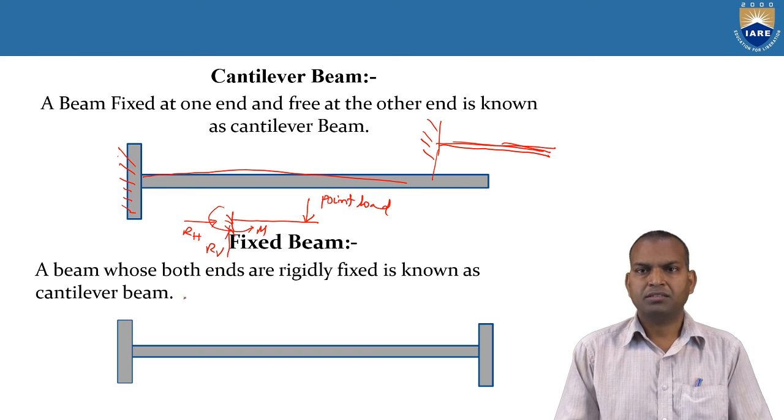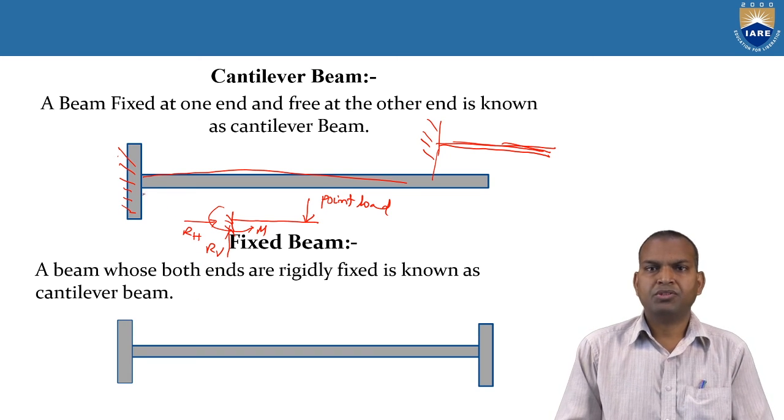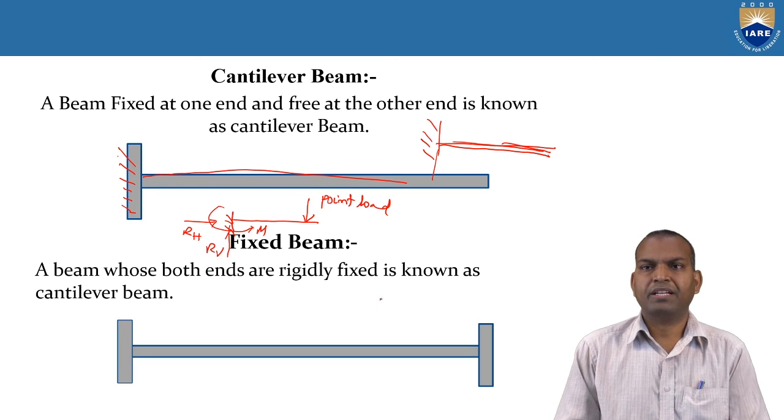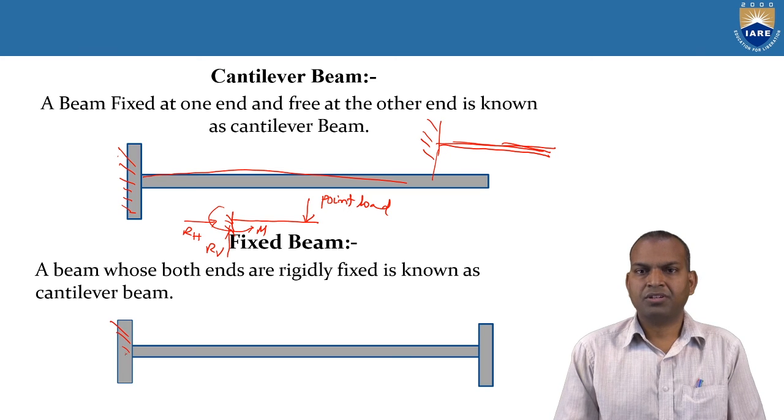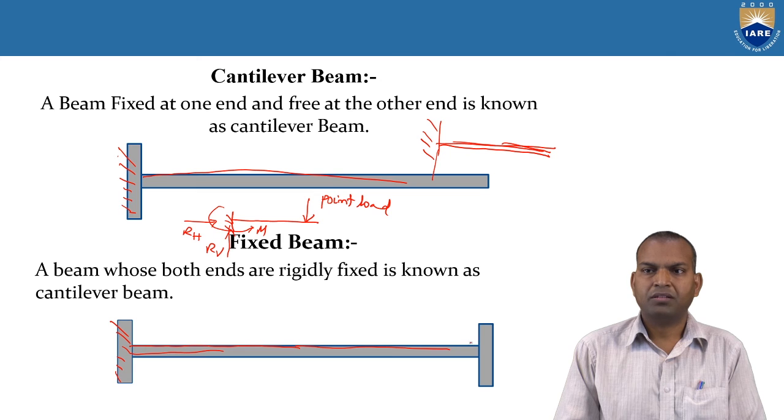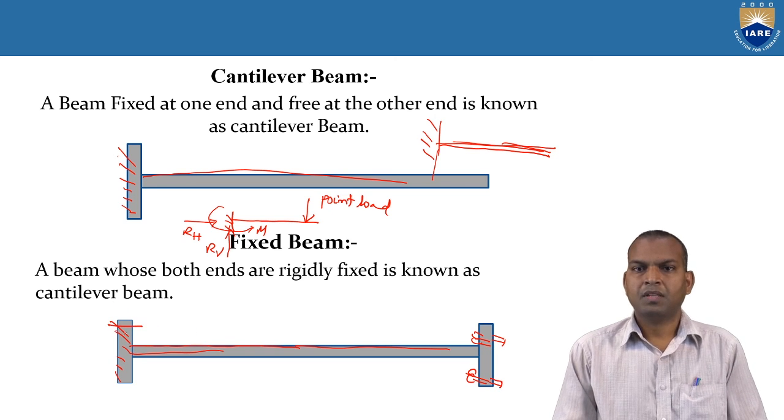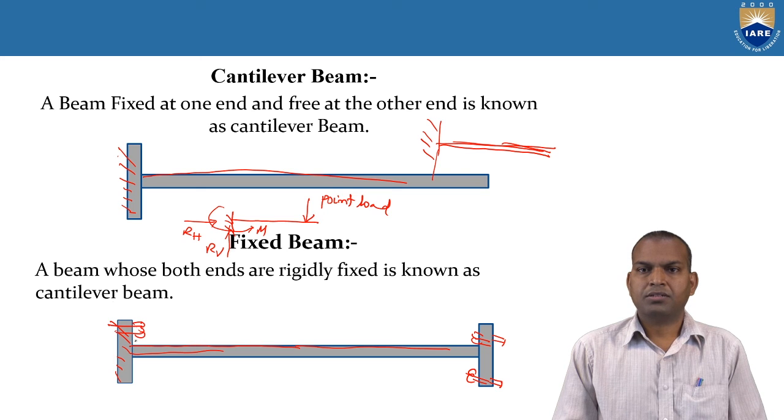Next, coming back, this is a fixed beam. Fixed beam means both ends are fixed by fixed supports. In this case, both ends are rigidly fixed, as we have seen in applications in concrete structures, where both ends are fixed with the help of a nut and bolt mechanism.